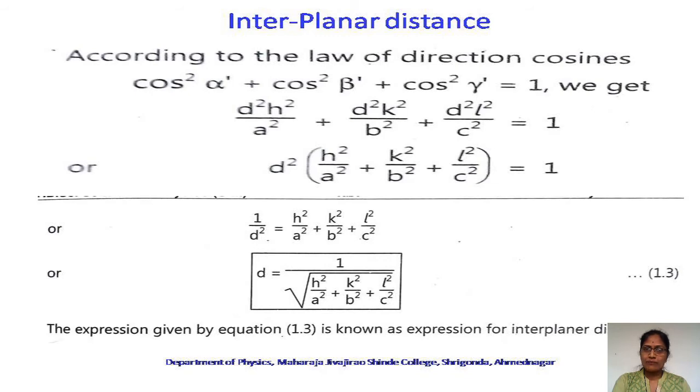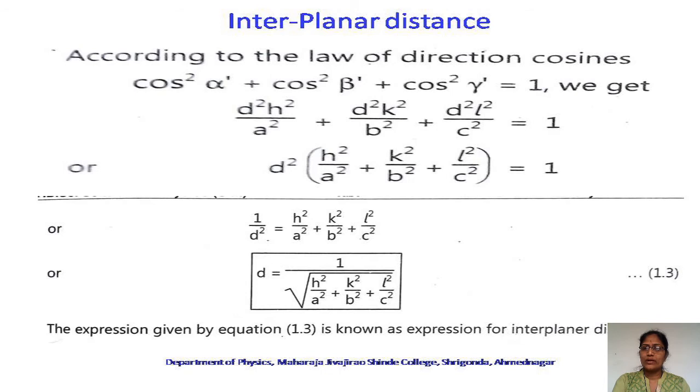Next step will be d square is equal to 1 upon h square upon a square plus k square upon b square plus l square upon c square. This step you can add here. And after that, d is equal to 1 upon square root of h square upon a square plus k square upon b square plus l square upon c square.